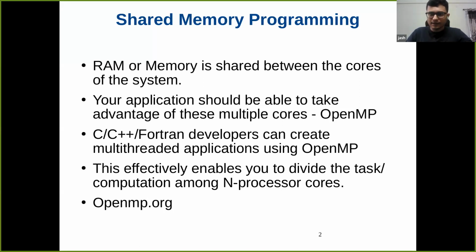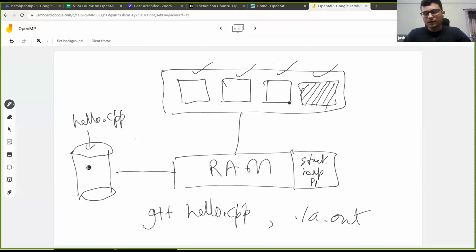So, okay, now let us go back and see what will happen when you try to execute your code using OpenMP. In this case, we'll have the same program, hello.cpp, but this time you will be adding some OpenMP constructs in it.